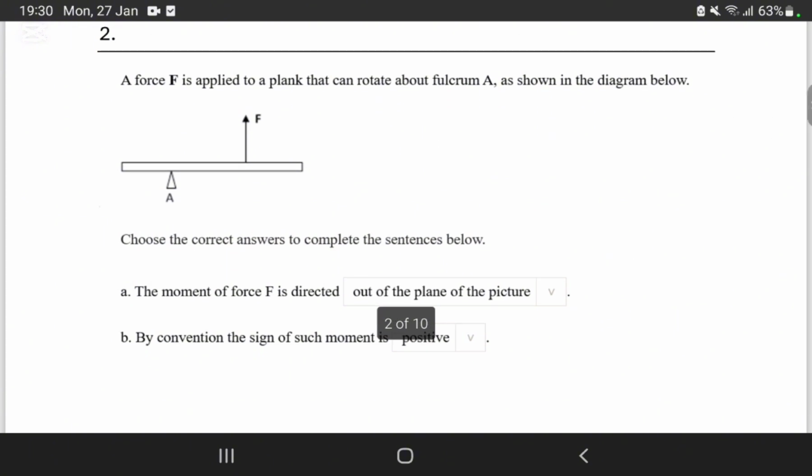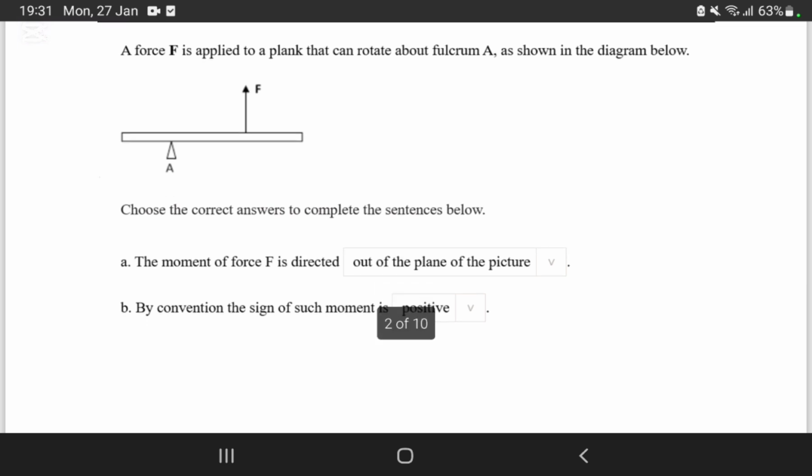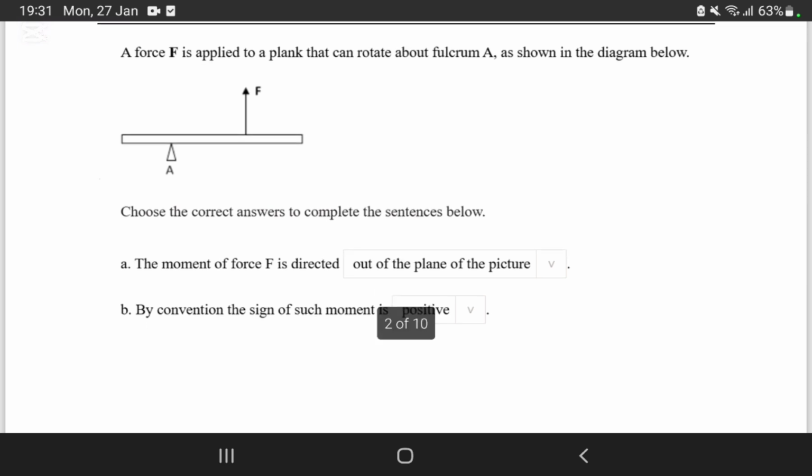Then we curl the rest of our fingers towards the direction of the force F, not upwards, towards F. Then your thumb will be directed out of the plane of the picture, onto your tablets or computers, or right outside.